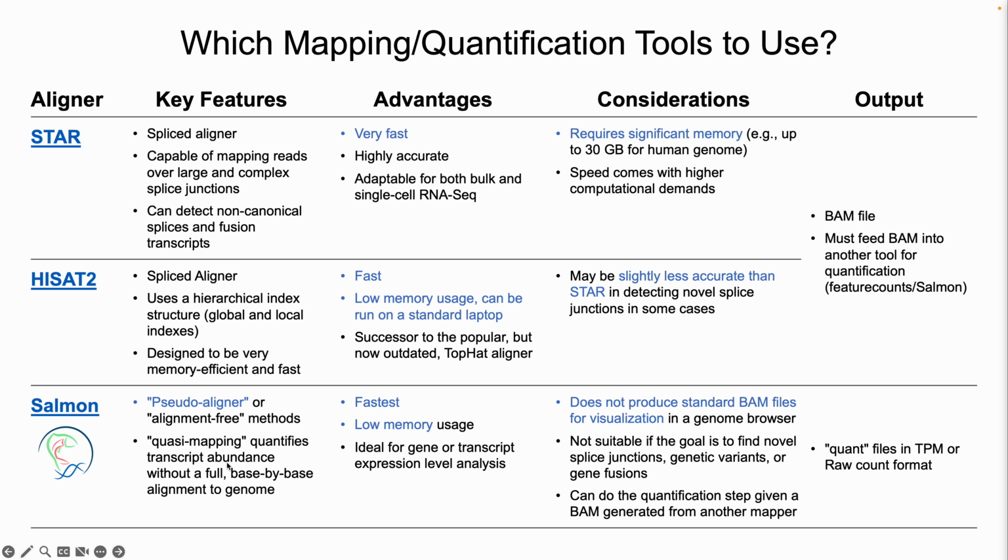What pseudo-aligners do is they take only the transcripts. So even if you have a reference genome, it will pull out only the coding parts. And it breaks up both the transcriptome and the reads into k-mers and does a similarity matrix and just counts up the similarity. So it's not doing true alignment.